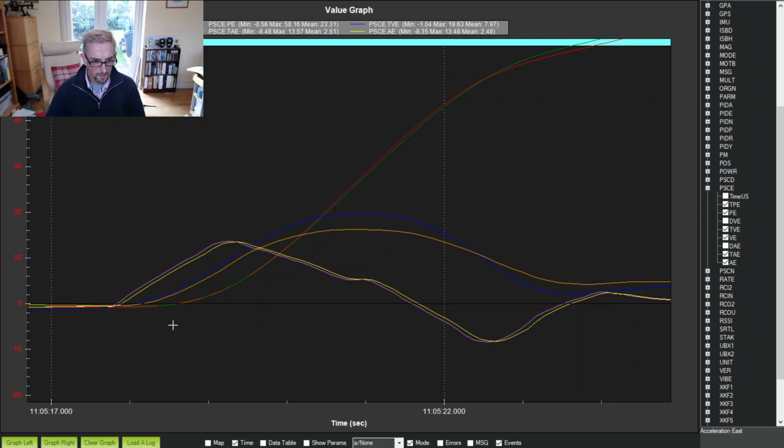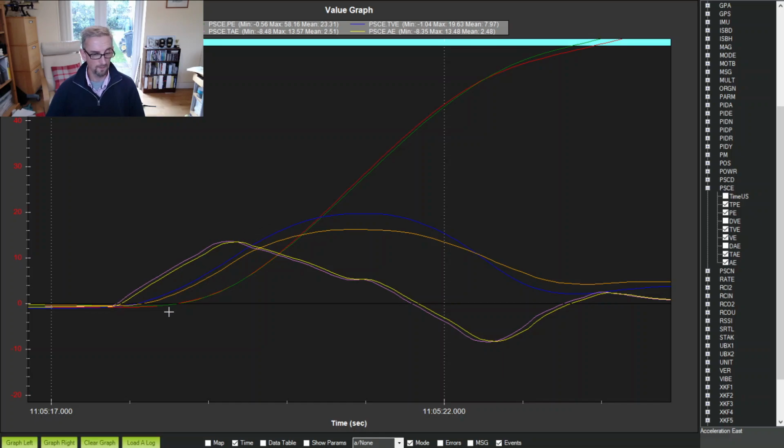And my jerk, if we have a look at the values, so this is 11:05:17, 11:05:19, so roughly 2 seconds to get from 0 to 15 meters per second, which means my jerk is about 7.5 meters per second.